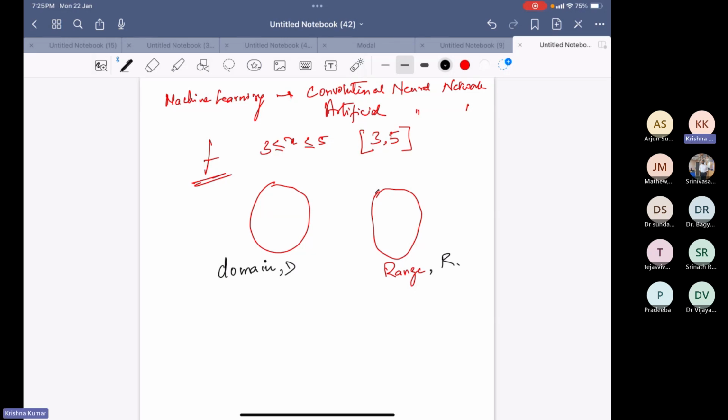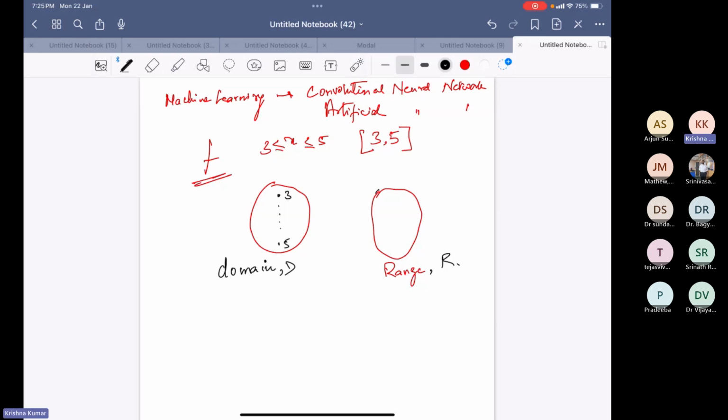So for example, if I now take x between 3 and 5, it means I can have one end 3, the other end 5, and an infinite number of values between them. I did not say it has to be an integer.